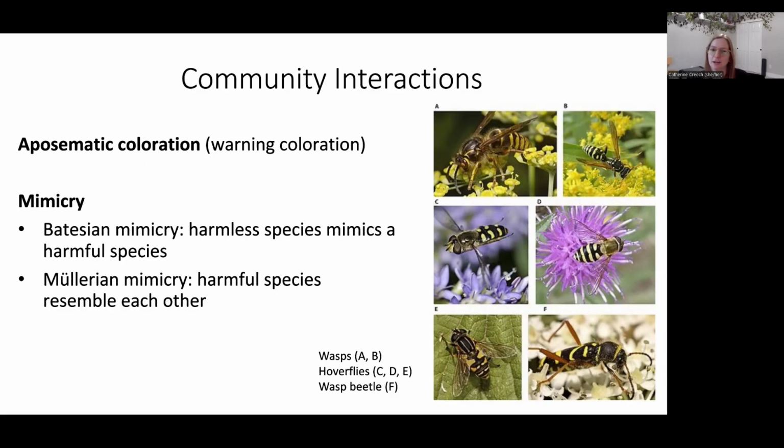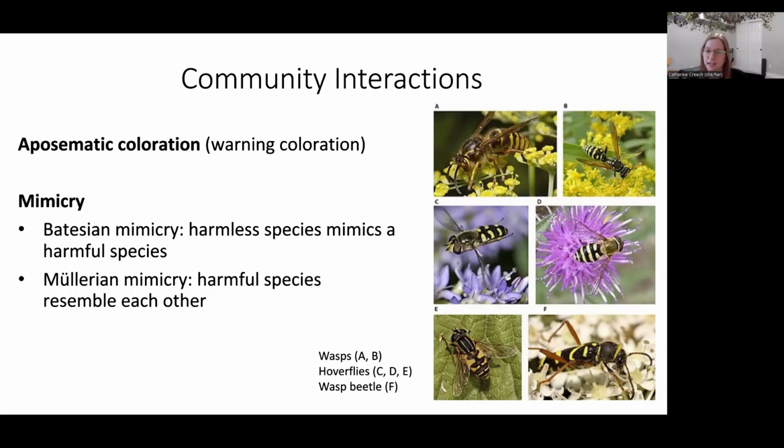Another example that we know and like is the poison arrow frog, which is very brightly colored, and those bright colors indicate to other organisms not to mess with it. It's kind of like saying, look, I'm so dangerous, I want you to see me so that you stay away from me. That's the idea behind warning coloration.